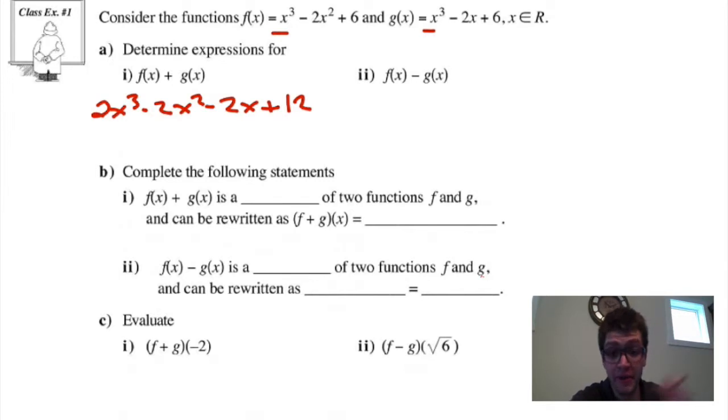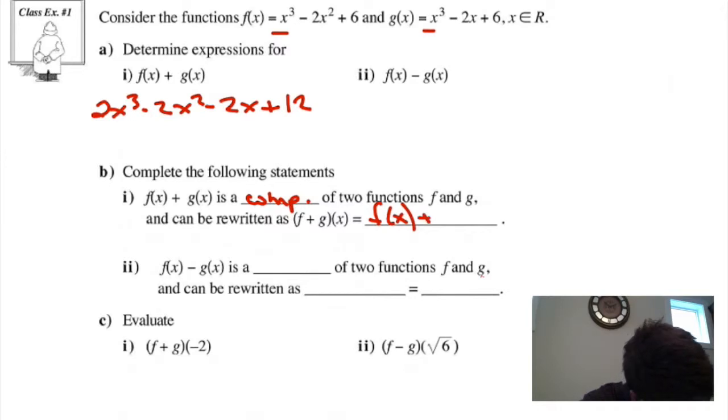Okay, hopefully you got a chance to finish that. With the following statements here, we can say that f of x plus g of x is a composition of functions, and it can be written as f plus g of x is equal to f of x plus the function g of x.